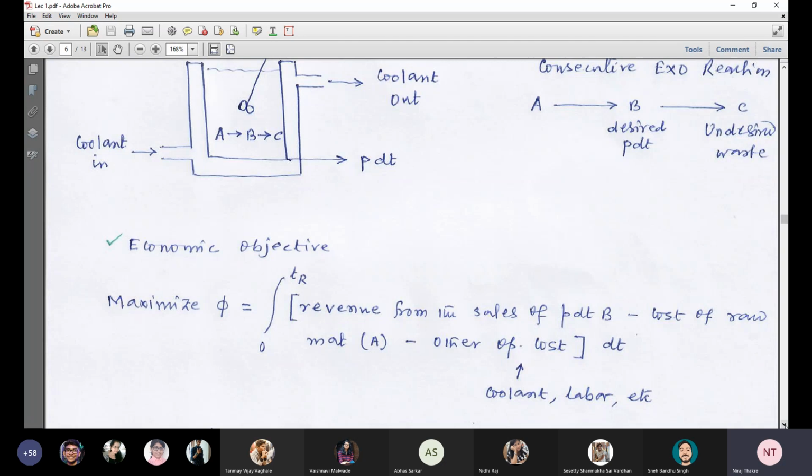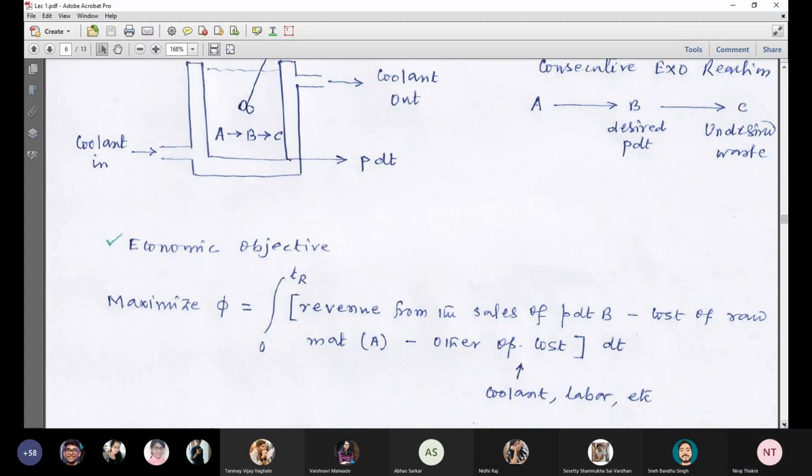Fine. But this is just the representative term, because here we did not consider any cost related to initial investment. We did not include cost related to piping. Okay. So just to understand this concept, it's briefly highlighted here.